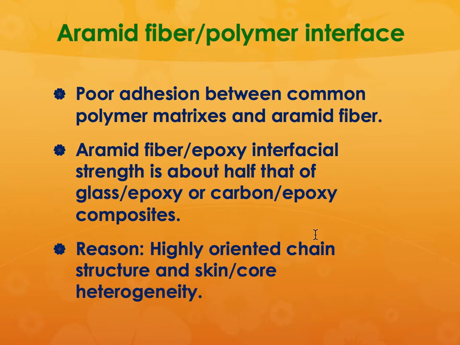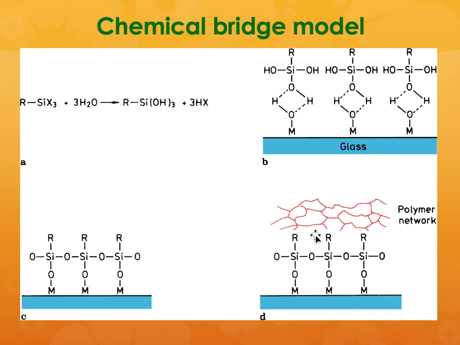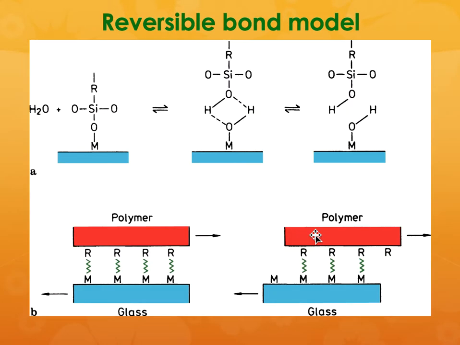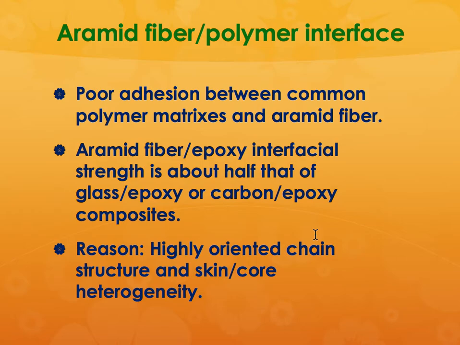The interface that you apply as a coating, in the case of a silane coupling agent, creates the bond between the aramid fibers and the polymer matrix, but in some cases it is not as strong, depending upon the type of fiber.